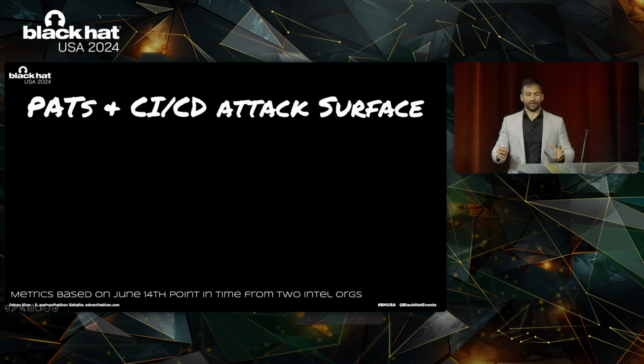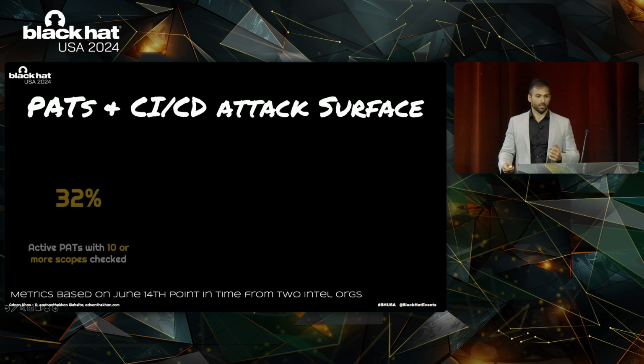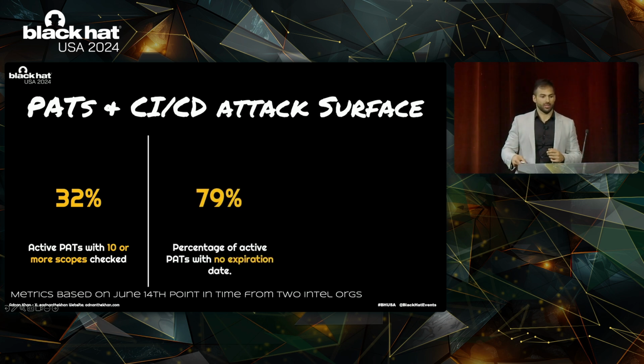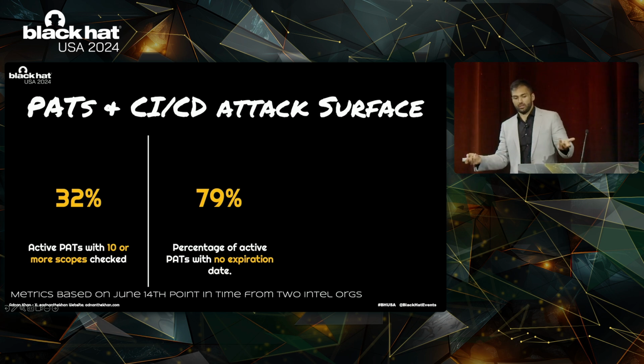I want to take a step back and talk about personal access tokens and access control in general. This really isn't an isolated case with one employee over-provisioning a token. Because of the access to the organizations, I was able to get some interesting metrics. So 32% of the active personal access tokens to Intel restricted and Intel inner source had 10 or more scopes checked. 79% of these didn't even have an expiration date at all, so they would be valid until that employee leaves.